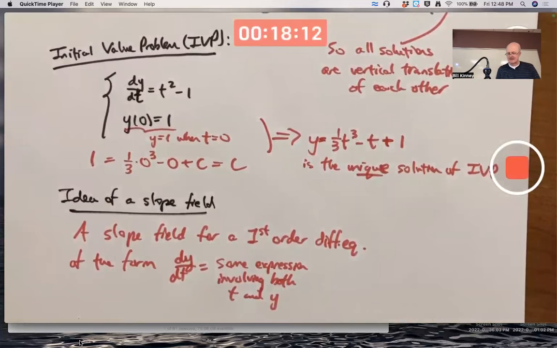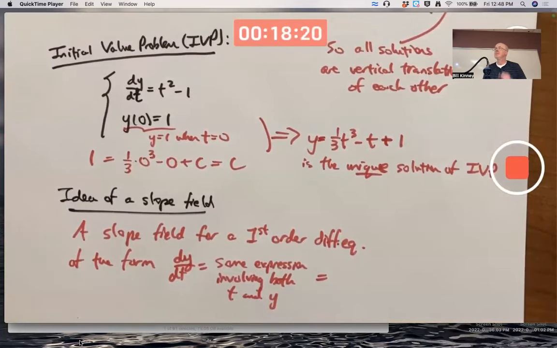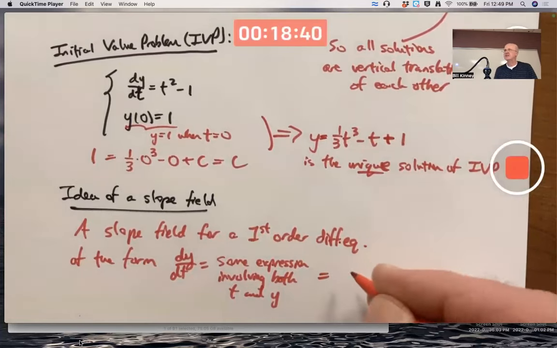Let's give a name to this expression. If it only involved t, you might call it a function of t. Maybe little f of t. If it only involved y, you might call it a function of y. Maybe little f of y. If it happens to involve both t and y, we could still call it a function.